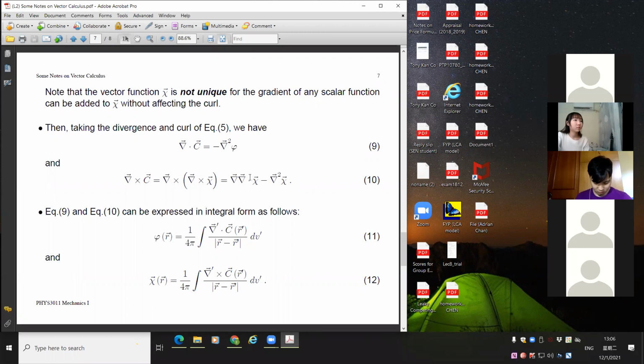If that is so, then equation 10 and equation 9 will be the same. What does it mean? If this term disappears, then we have 3 equations from equation 10, each one of them has the same form as equation 9. So each equation has a solution very similar to equation 11, and we add them together to form a vector.